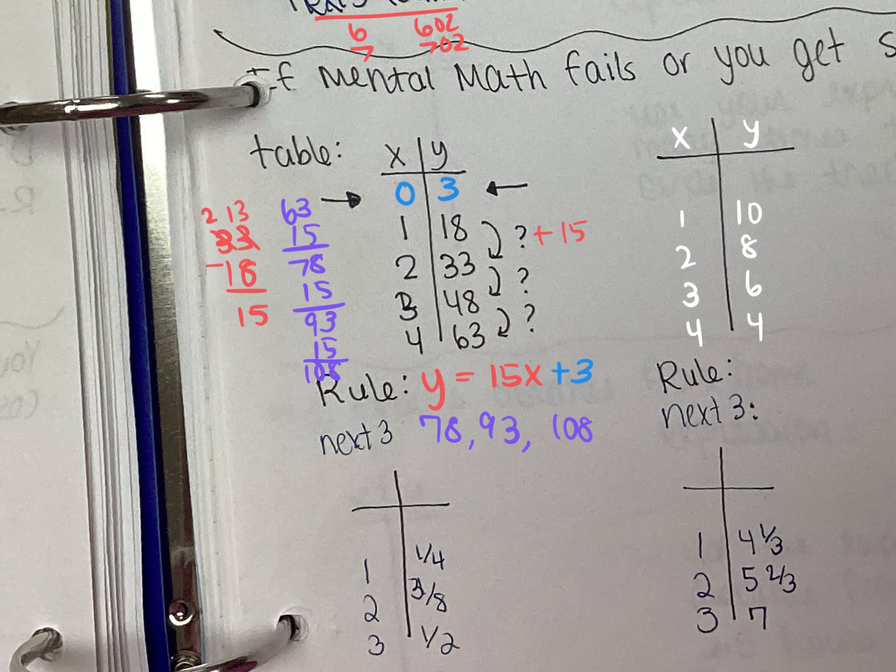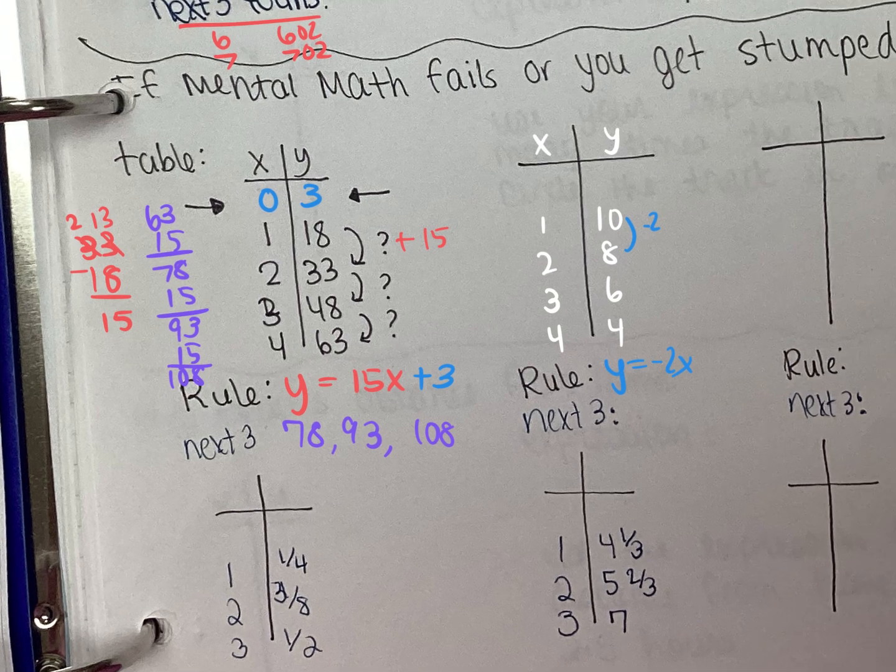Okay, here's your next question. This one is a little trickier, though, because the pattern is going down, which means the rule will have a negative coefficient, a negative number in front of x. Type in the rule. Since I'm subtracting 2, y equals negative 2x.